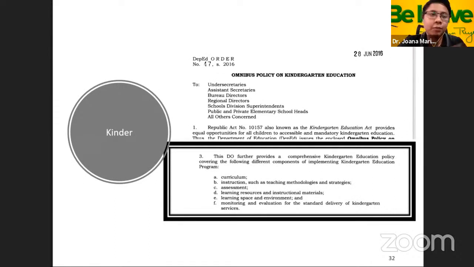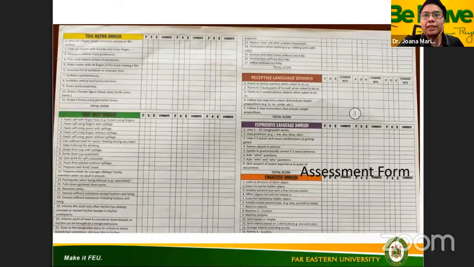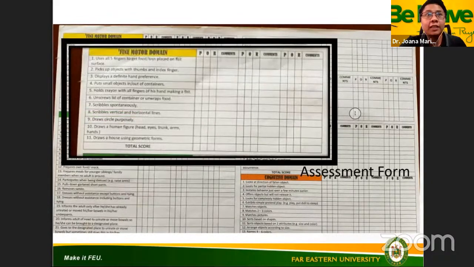Fitness assessment, hindi po yung ibang subject. So dito po, ayan, ito po yung card ng kinder. Kung meron pong mga elementary teachers dyan, I know that you are very familiar with this card. And then yung naka-yellow, highlight natin, ayan, meron po tayo ditong fine motor domain. Nandito yung mga indicator ng assessment ng isang kinder student in terms of their motor domain.